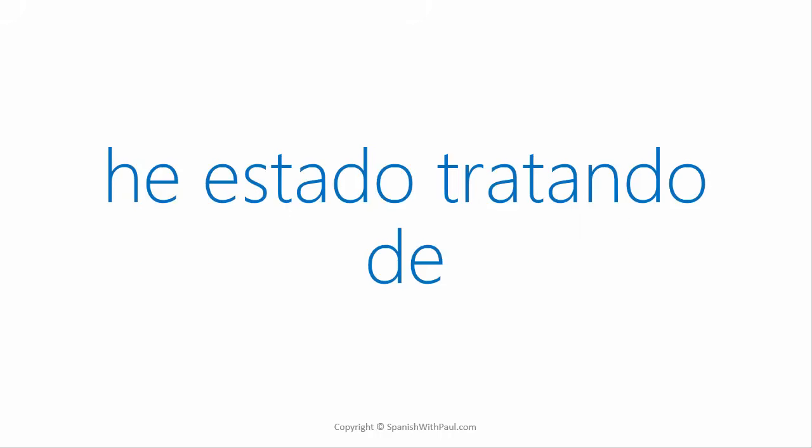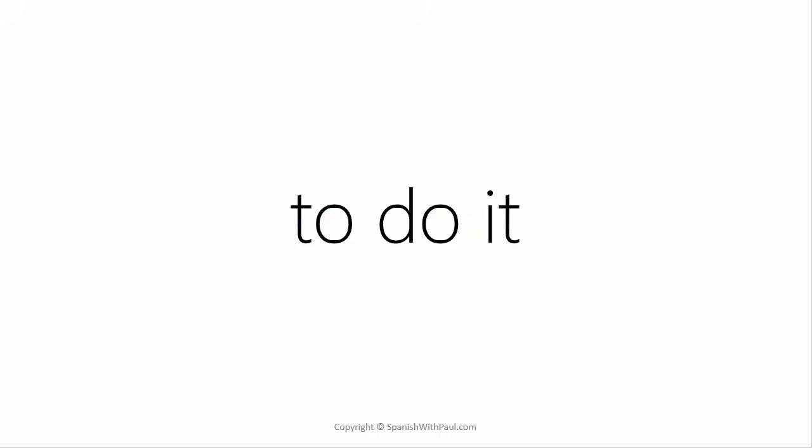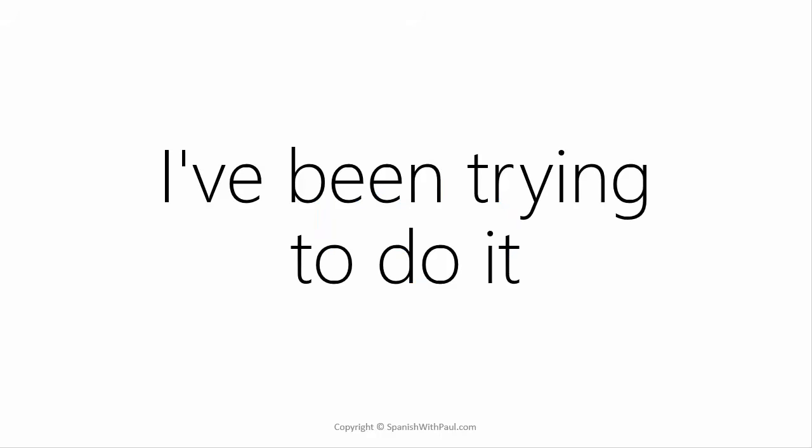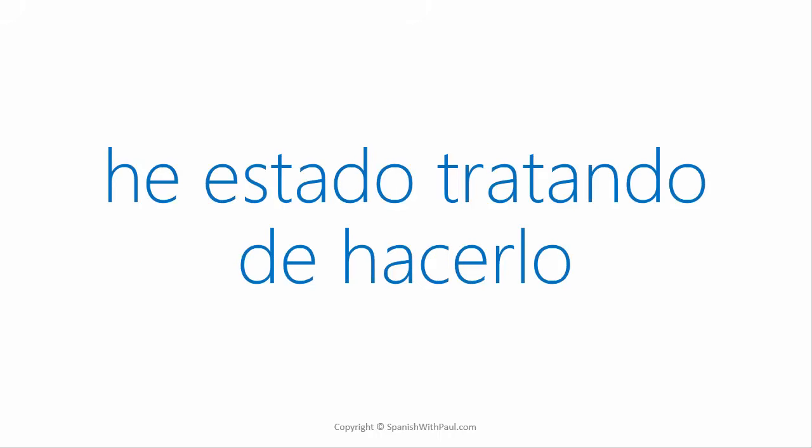He estado tratando de. What's the verb to do? Hacer. And how would you say to do it? Hacerlo. Now say, I've been trying to do it. He estado tratando de hacerlo.